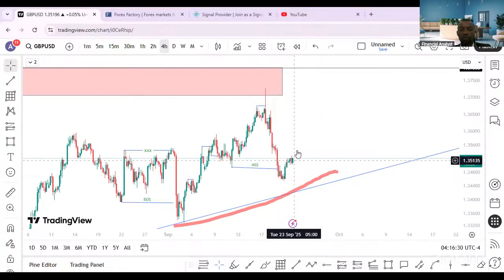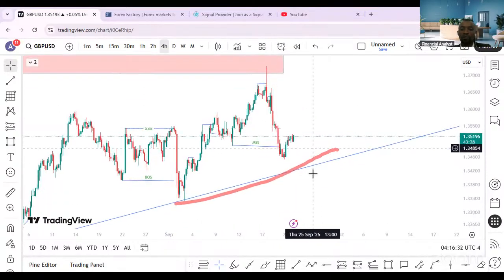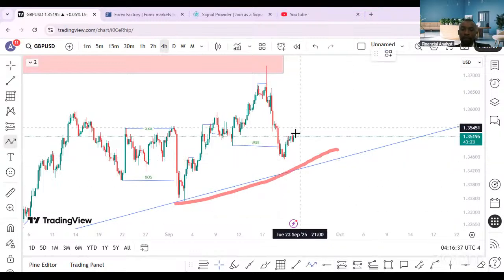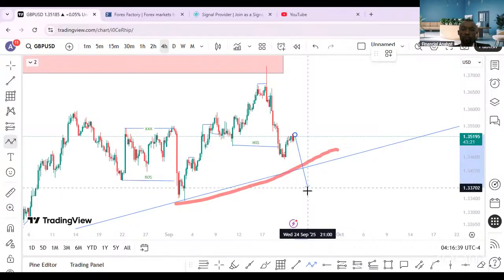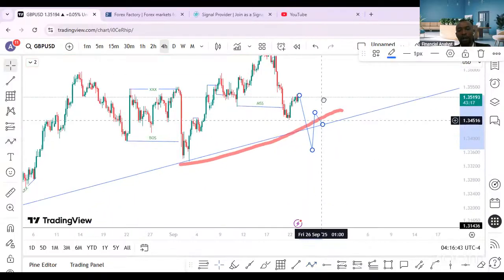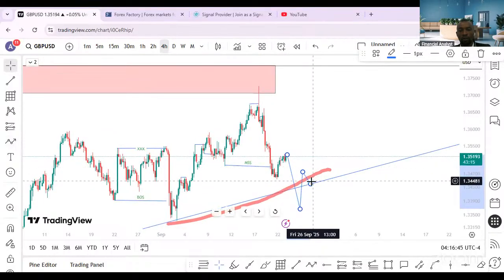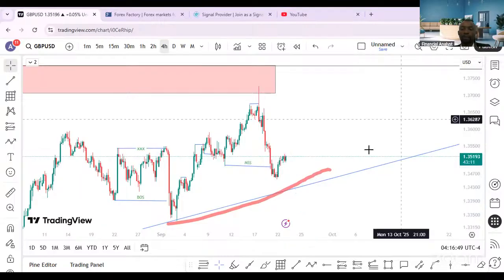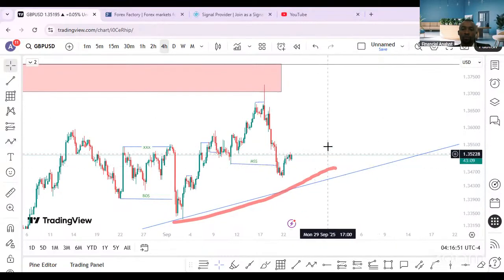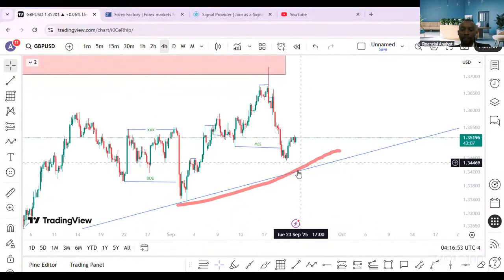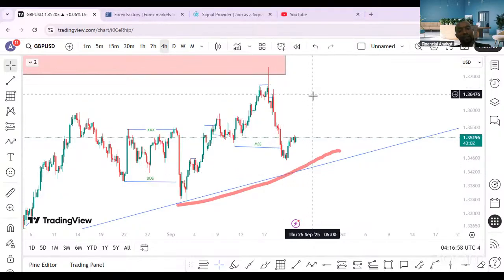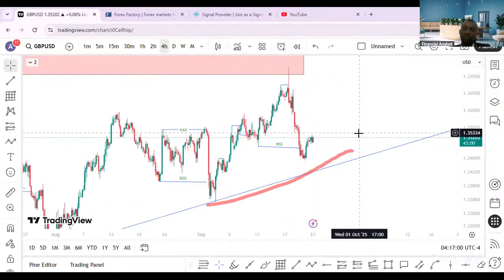The news can push it up and the news can push it down. If it pushes down to this trend line and there's a bounce here, then I can look for a buy opportunity from this bounce and take it up. So it depends. It's whether I buy again from this low or I look for a sell around this high.